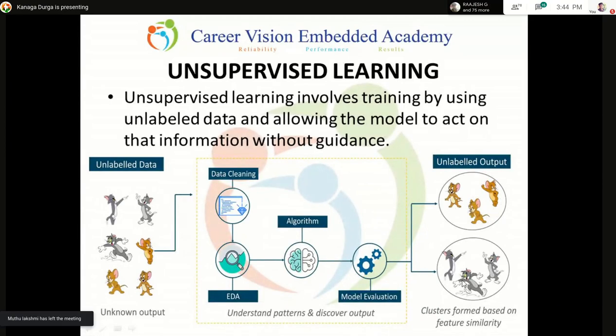So when you give a Jerry's picture, it will fall into this cluster, and a Tom's picture will fall into this cluster. This is what unsupervised learning is. You don't provide guidance to your machine, you don't label the data, and it learns on its own and clusters the data.